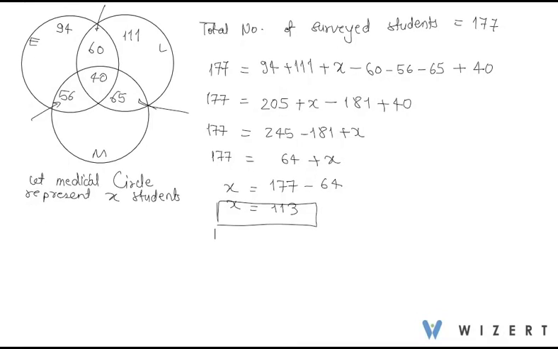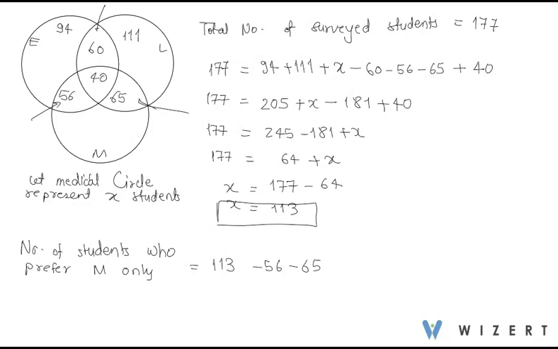Now in order to find number of students who prefer only medical courses, we'll have to subtract these overlapped parts from this number, that is 113. So number of students who prefer medical only will be given by 113 minus 56 minus 65.